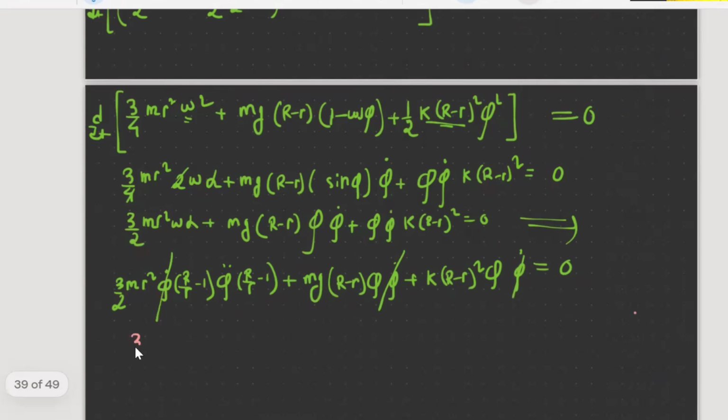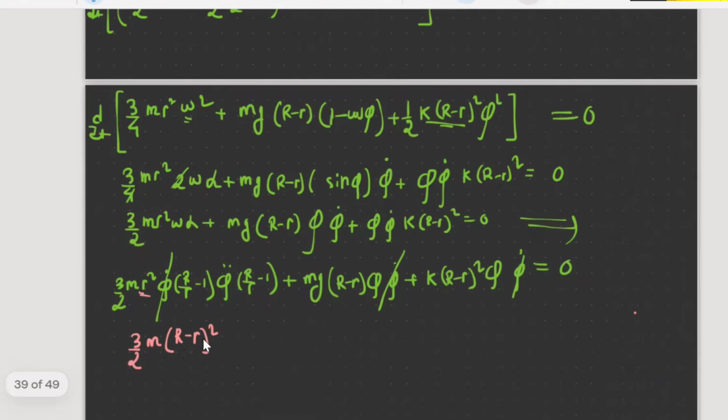So the first term is becoming 3/2 m r minus r square, because this r square and the denominator r square will cancel out.